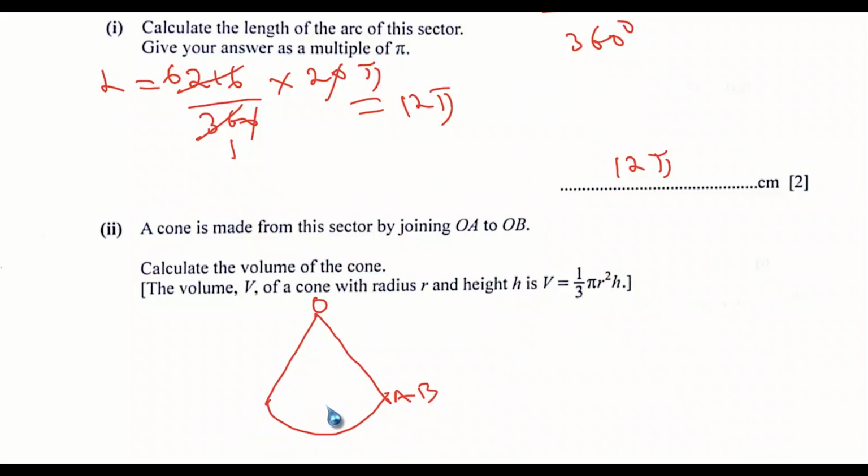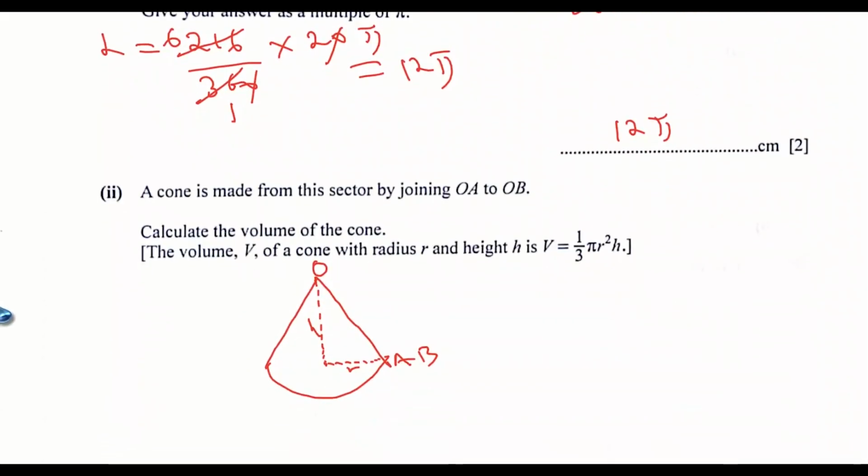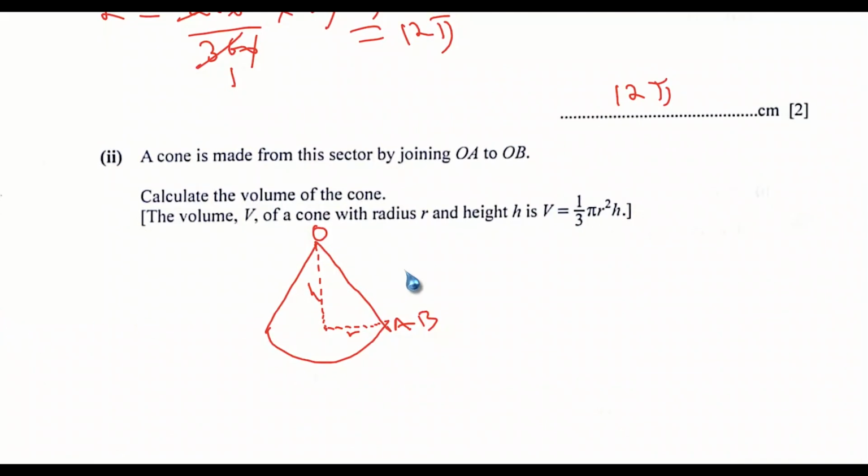Here will be the center of the circle, and the radius will be R, which we don't know, and this will be the height of the cone, which is H. The radius of the sector will turn into the slant height of the cone. So this will be 10 centimeters now.